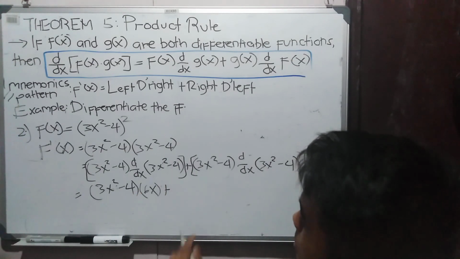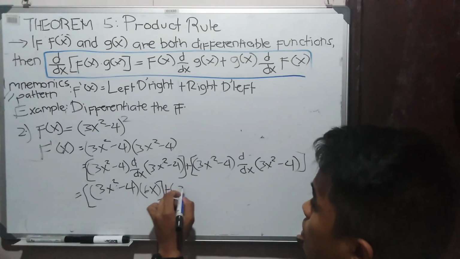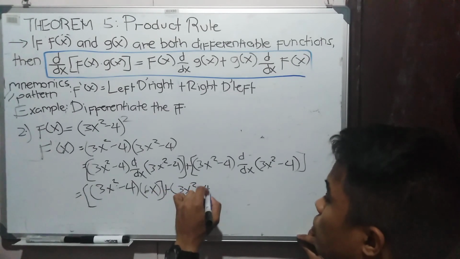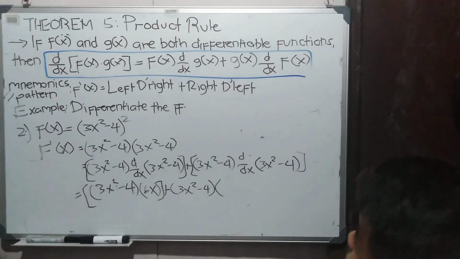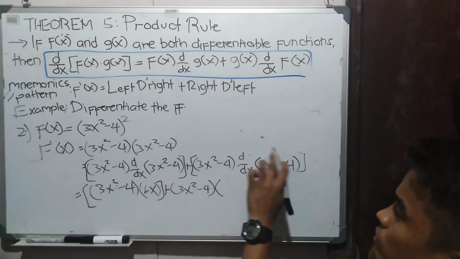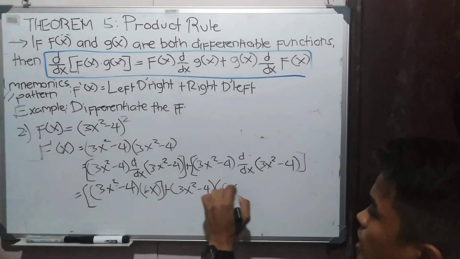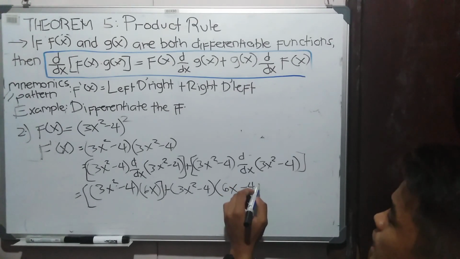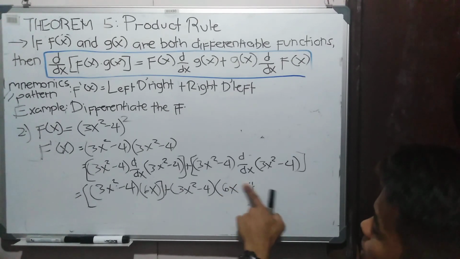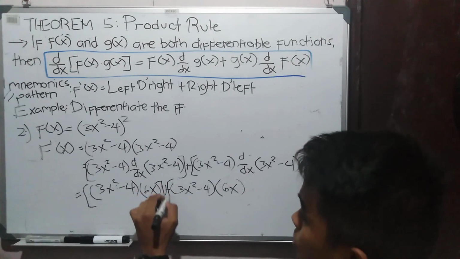Then, plus 3x squared minus 4 times the derivative of 3x squared minus 4. So, ganun lang din. Applying constant multiple rule. So, we have, baba ko lang, then multiply ko kay 3. So, that will be 6x, then minus 4, or 0 na pala, since the derivative for constant is always 0.